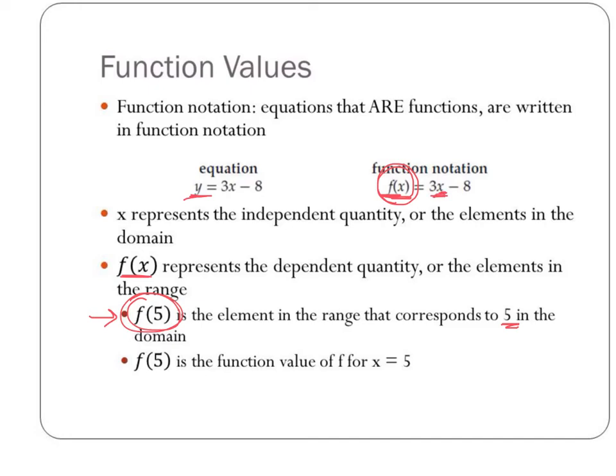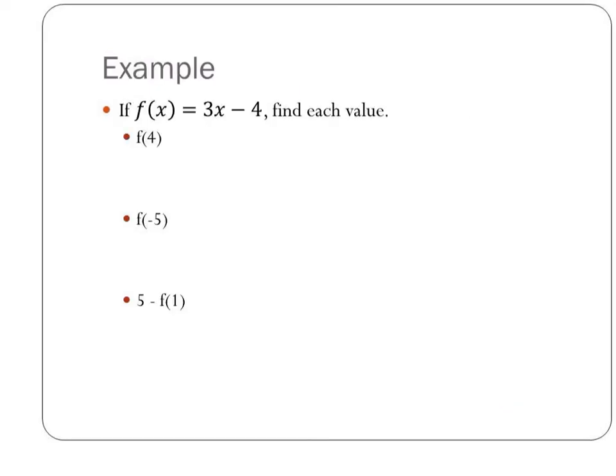It's going to be 15 minus 8, which is 7. f of 5 is 7. That corresponds to the point (5, 7), because 5 was our element in our domain. f of 5 is our element in our range.